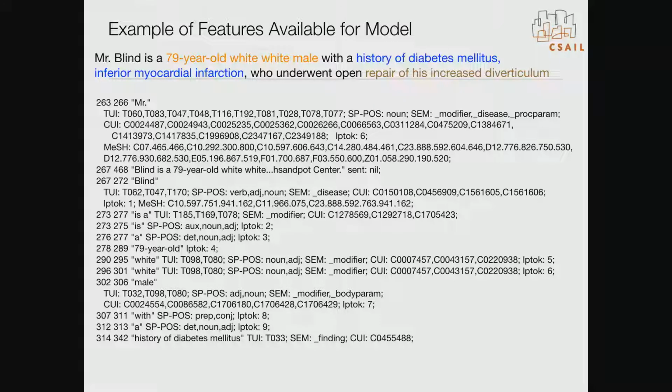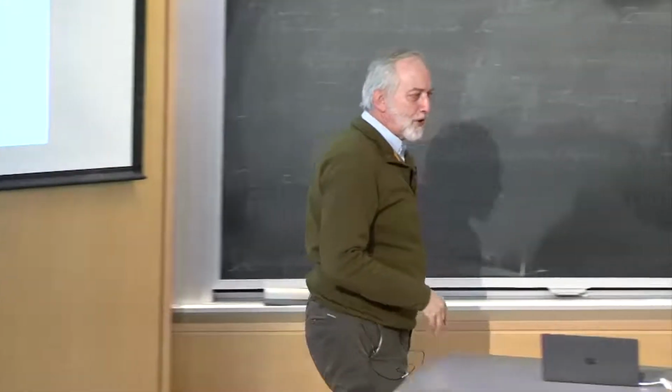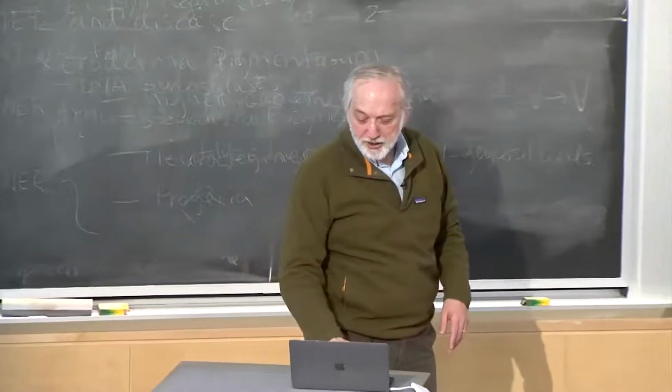Blind turns out also to give you various ambiguities, so it maps here to 4 different concept unique identifiers. 79-year-old is okay, and then male again maps to 5 different concept unique identifiers. So there are all these problems of overgeneration from this database.